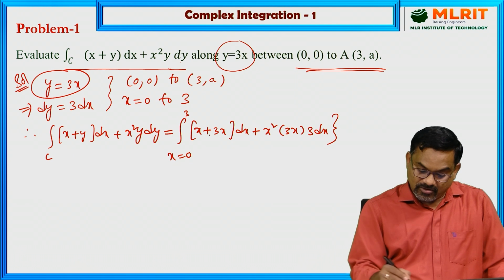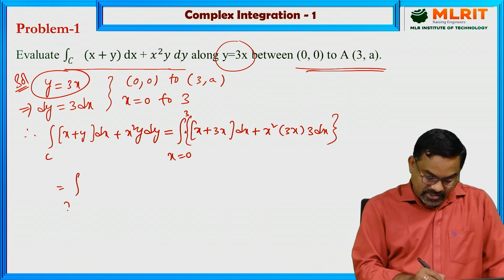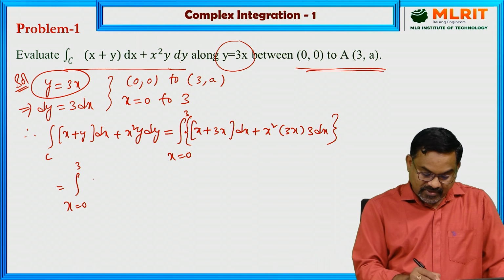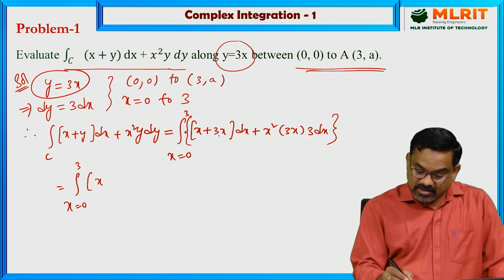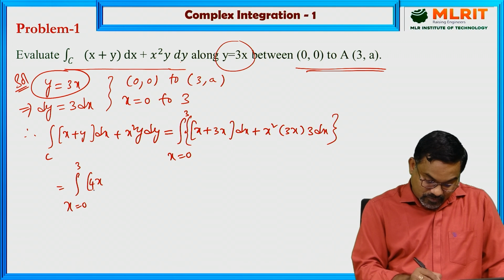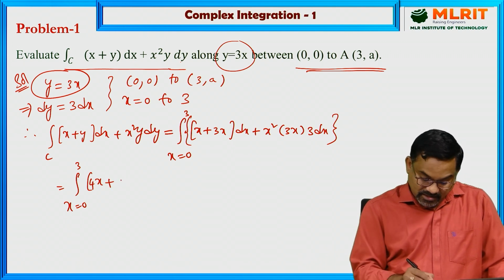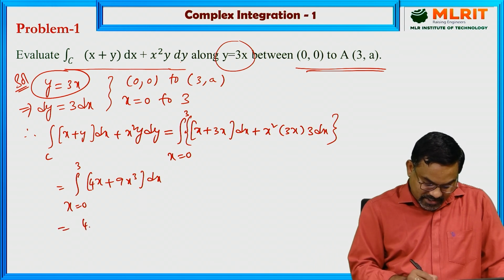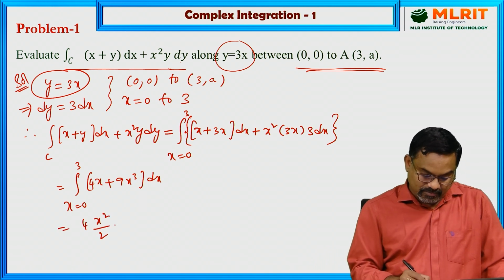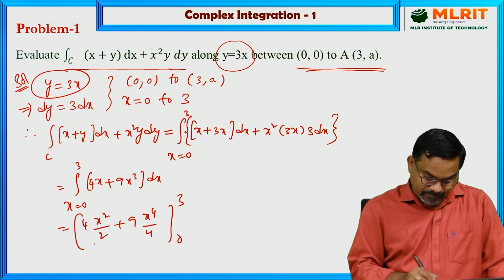So we have to integrate this entire function. Now this is equal to the integral for x from 0 to 3 of x plus 3x, which is 4x, plus 3 into 3, 9, 9x cube dx. So simply by integrating we get 4x square by 2 plus 9x power 4 by 4 from 0 to 3.